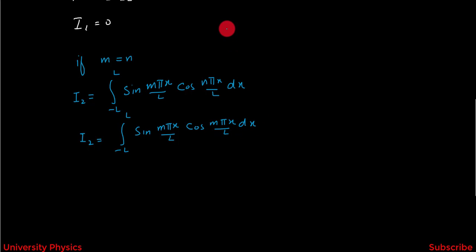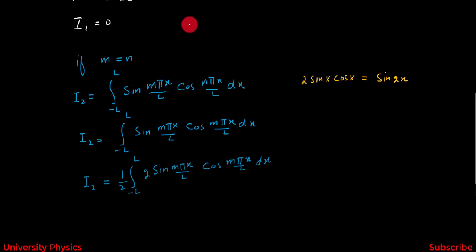Now to this integration I apply the trigonometric relation 2 sin x cos x is equal to sin 2x. But before applying, I multiply and divide this equation by 2 and we get I2 is equal to half the integral from -L to +L of 2 sin(mπx/L) cos(mπx/L) dx.